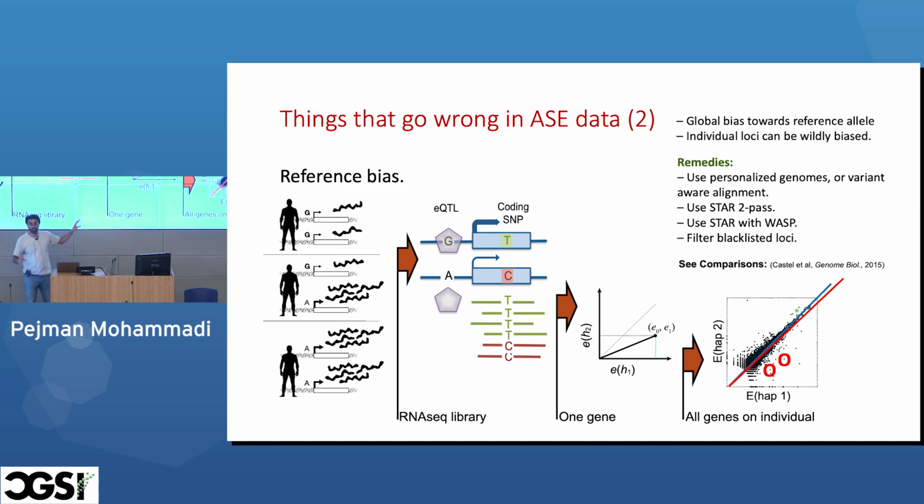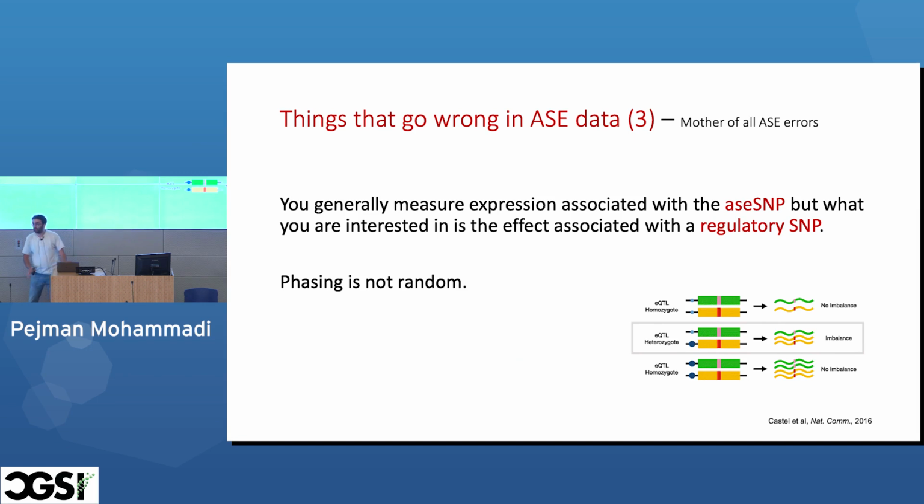So all of them help. Depending on your case, this might not be a problem at all, or it might completely break the entire operation. And the final thing is the biggest problem that I always see people run into. When you're measuring ASE data, what you're actually measuring is the gene expression associated with the SNP.